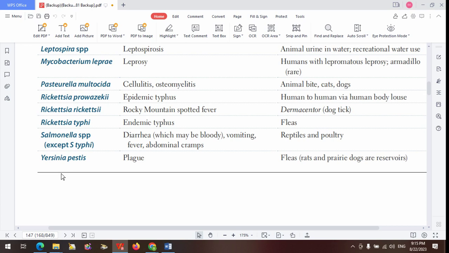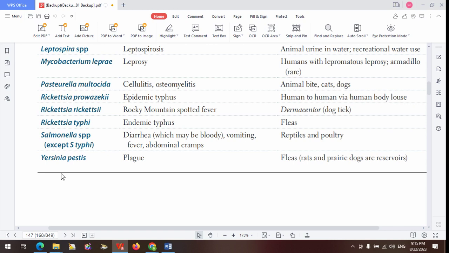So once you just see self-limiting gastroenteritis in somebody that has eaten egg or had contact with animals, and they grow something that looks like Salmonella, you can confidently say that that is not Salmonella typhi, but the non-typhi species. So maybe the person has been in contact with turtles, poultry, the eggs, all these things.